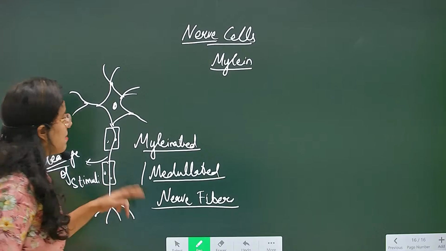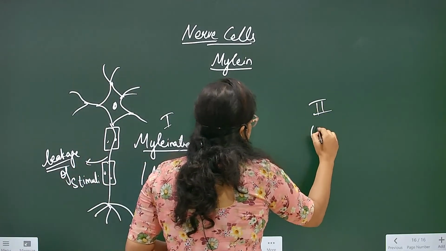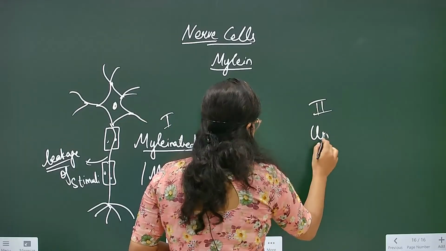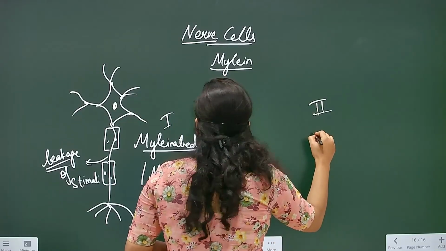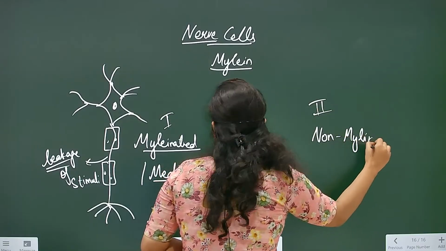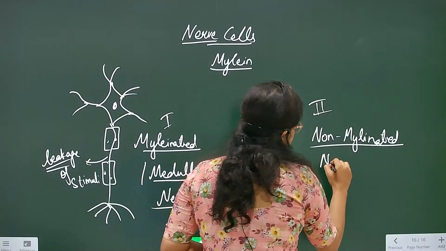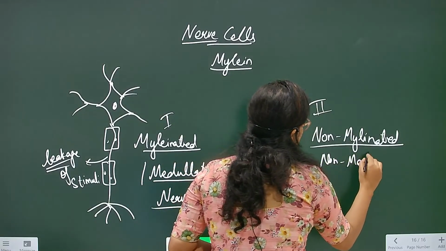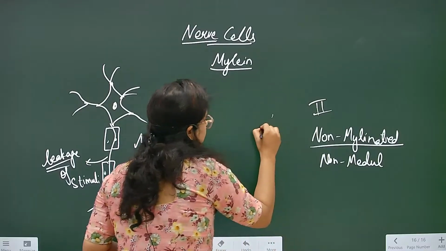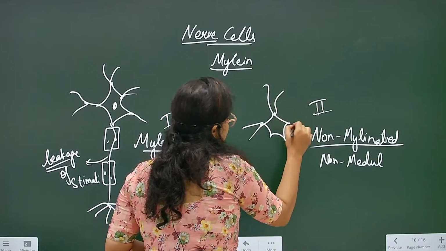Now coming to the other form, non-myelinated, or you can say non-medullated, which means the nerve fibers don't have a myelin sheath and appear gray in color.